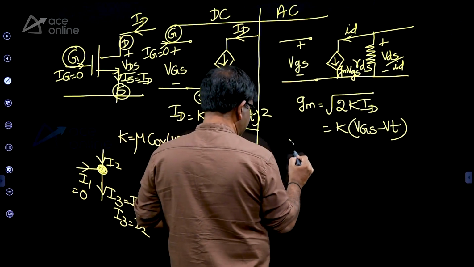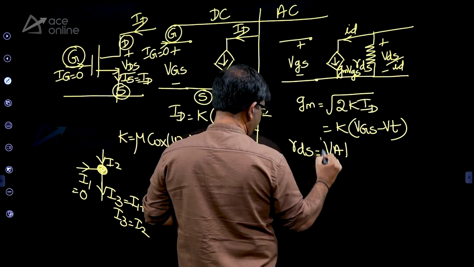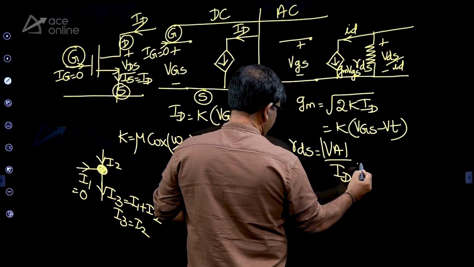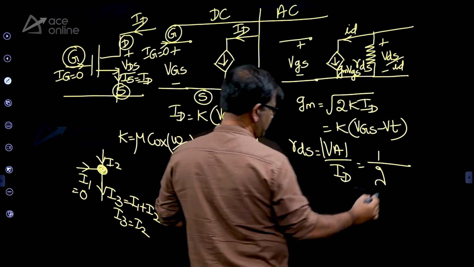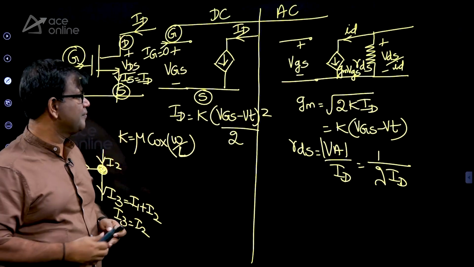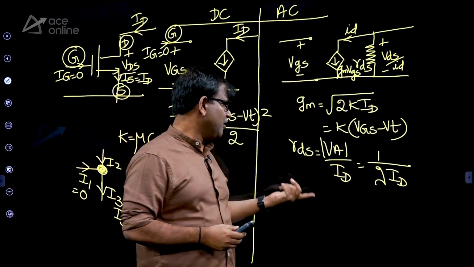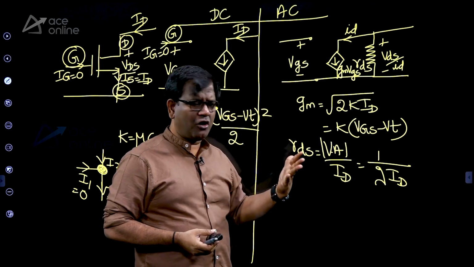So what is RDS again? RDS again is going to be early voltage by IDDC. But sometimes in some books, 1 by early voltage is given by some factor called lambda, right? But right now, if you ask me, how do I know whether this is this? Use some basic common sense.